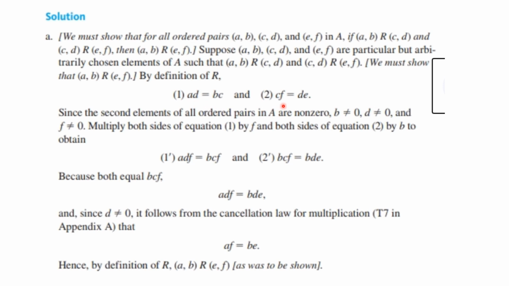But then what we can do is multiply both sides of those equations by appropriate factors to get this, because both equal bcf. So you see this one is equal to bcf, this one is equal to bcf. So the first is equal to the third, but then we can divide all the way through by d, and we get af equals be, and that means that a/b is related to e/f, as was to be shown.